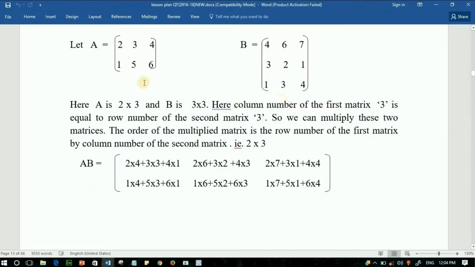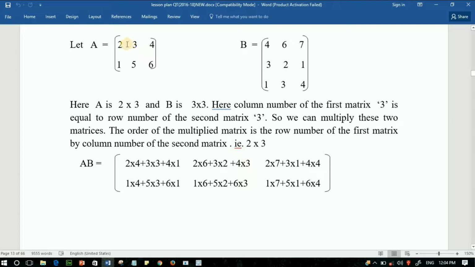Then how to multiply? First row into first column gives the first row, first column element. So for the first row, it is 2 into 4 plus 3 into 3 plus 4 into 1. Then first row into second column: 2 into 6 plus 3 into 2 plus 4 into 3.